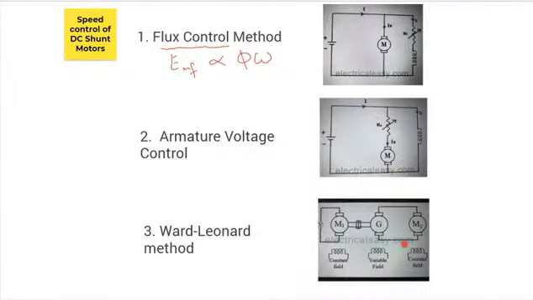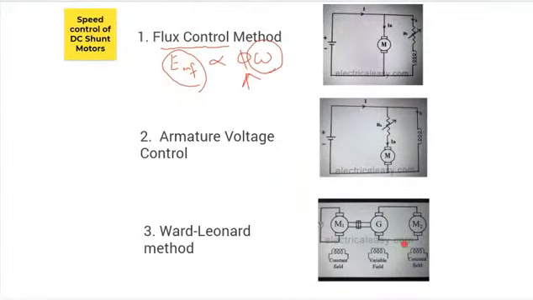So now here you are controlling your speed, your EMF is fixed. You are giving a standard supply here without any variation of your voltage. So your EMF is fixed. So how can you vary your speed? You can vary by varying your flux.